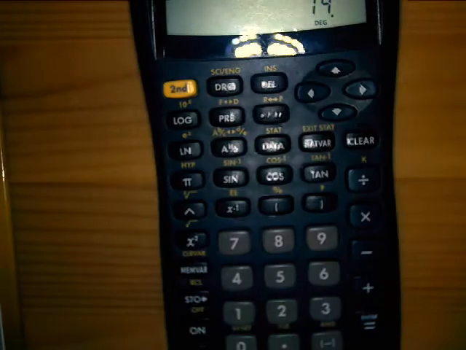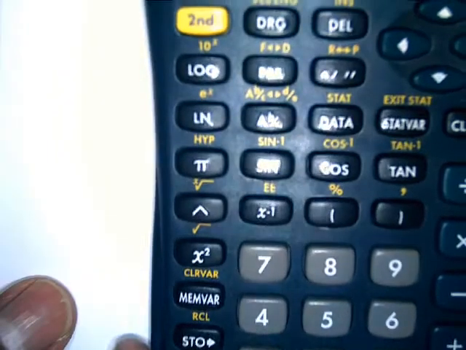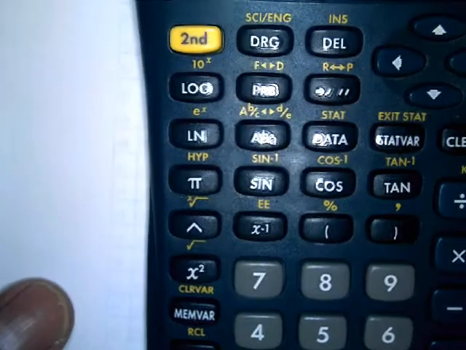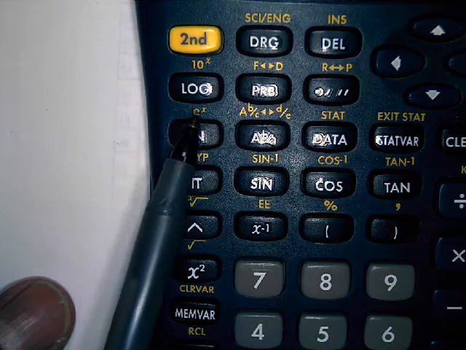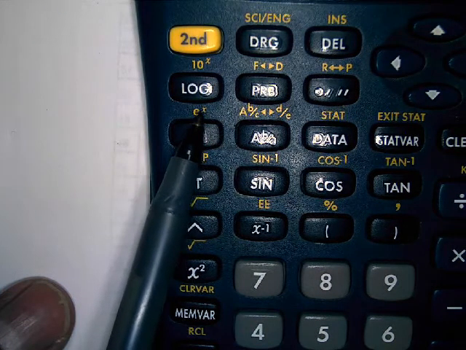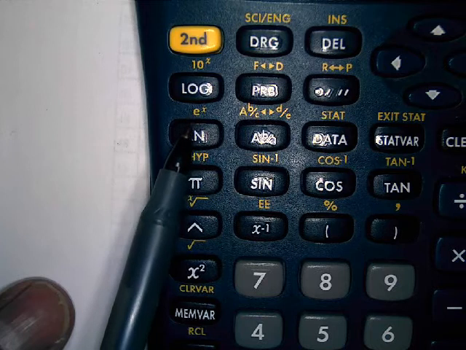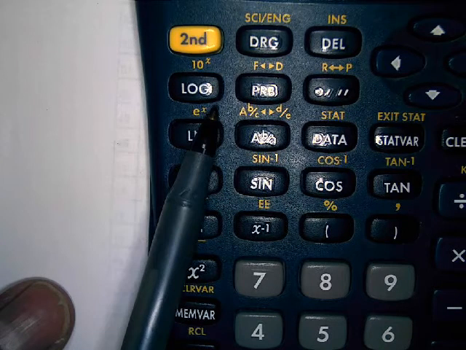And this value of e, again, is right here. Again, it's usually next to your natural log button.